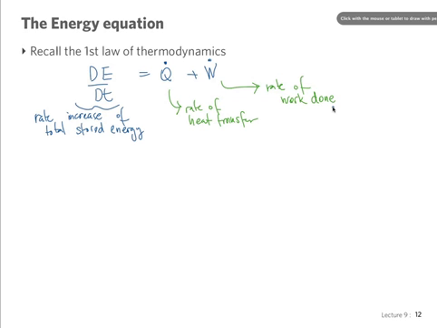So let's write the energy in terms of an intensive property, which is energy per unit mass. I'm going to call that little e, and that's going to be the total stored energy per unit mass.